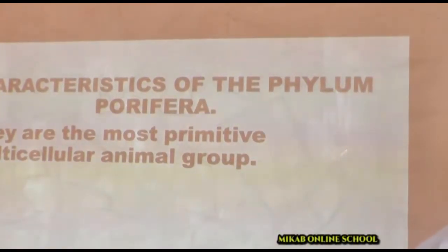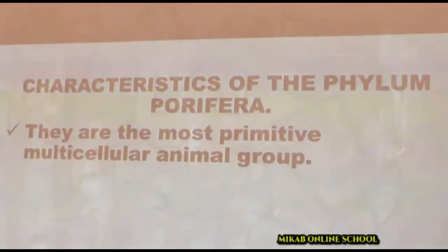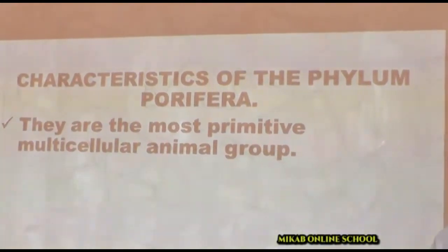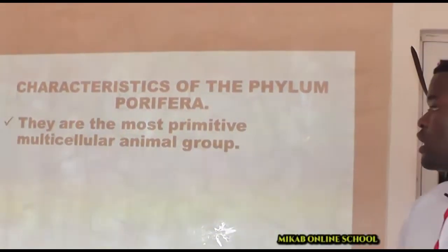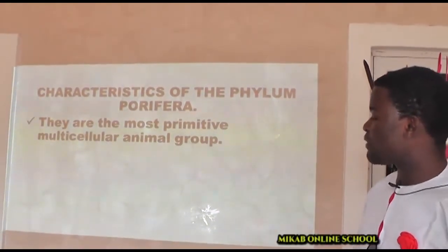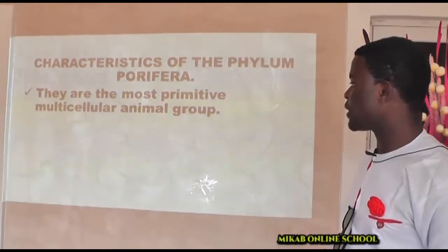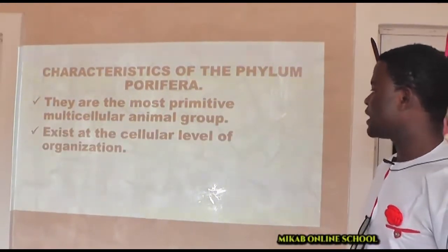Another thing about this animal group is that you can always find them in an aquatic environment. They live in water. That is where they spend their whole life. Some of them can be found in marine environments, some of them in fresh water. We are going to see some examples later.